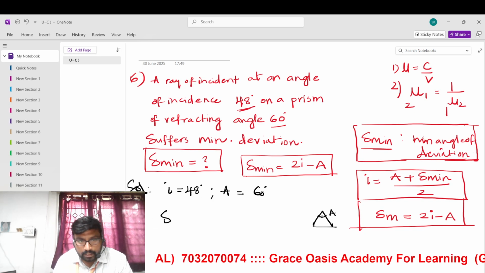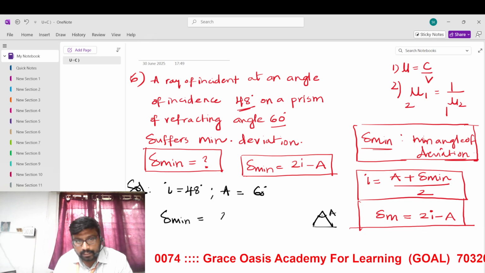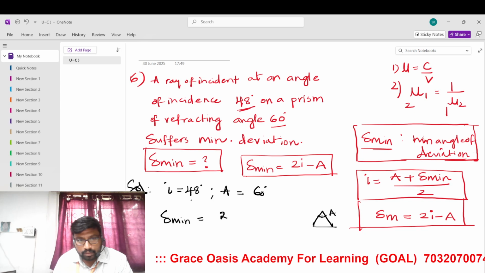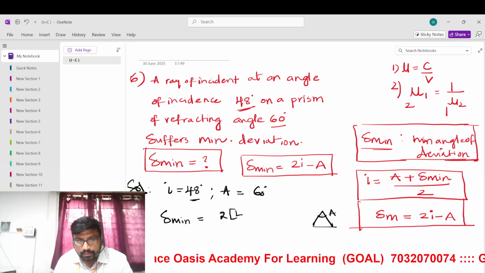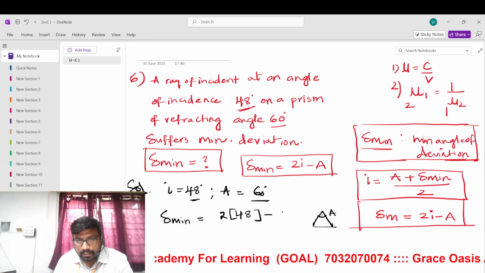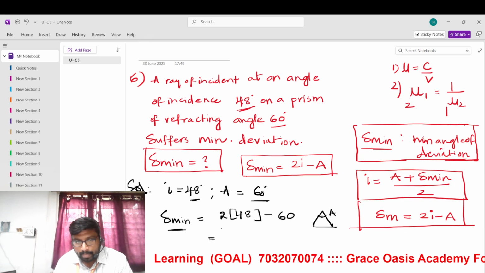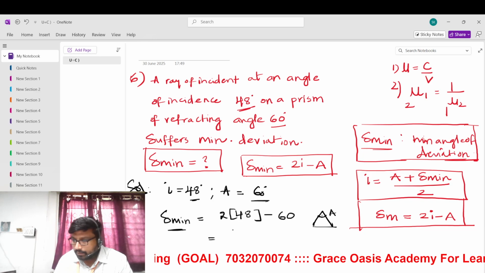So delta minimum, the hint is also given, 2i minus A. So directly, 2 into 48 minus 60. This is an angle only, no? Your value will come in angle only.